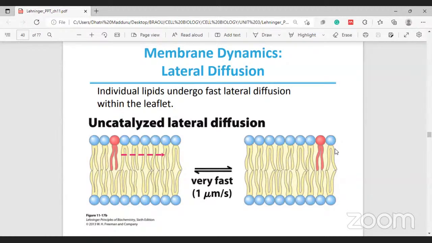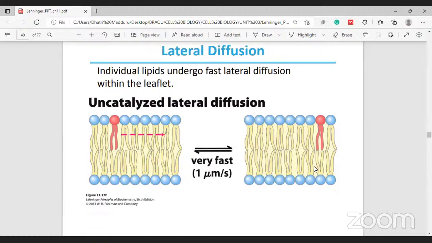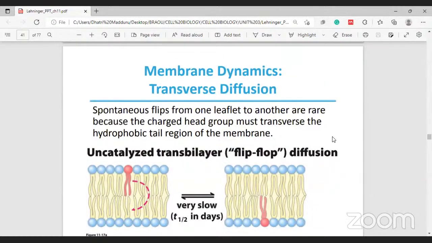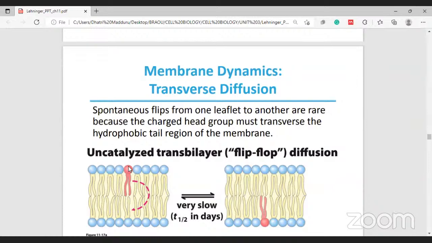Initially it was here, now it has moved here. And it can also move from one leaflet to the other. I told you phosphatidylserine is usually present in the inner leaflet, but whenever there is apoptosis or cell death, it will go to the outer leaflet.